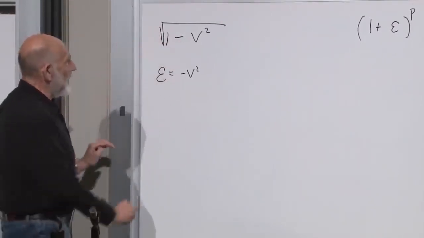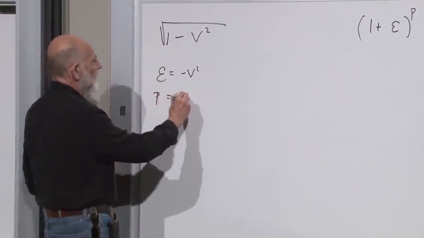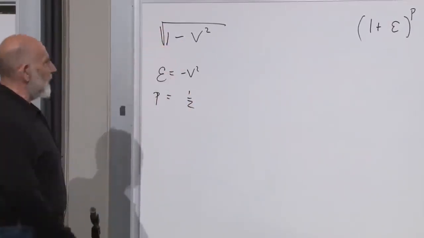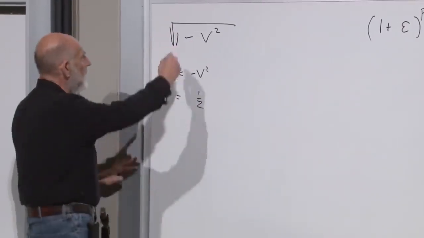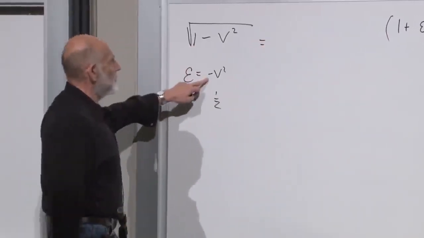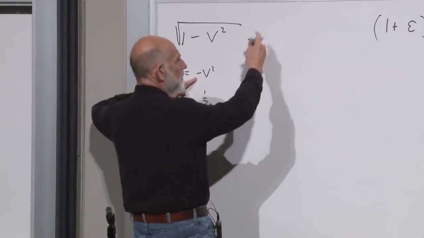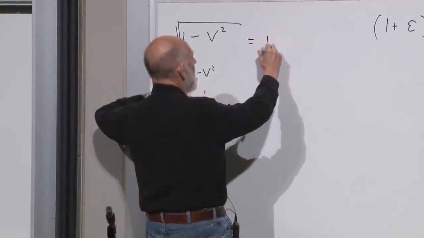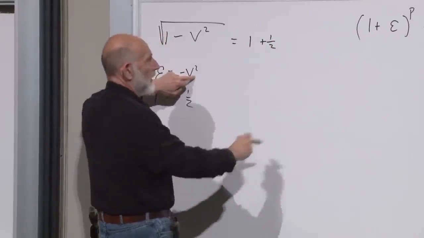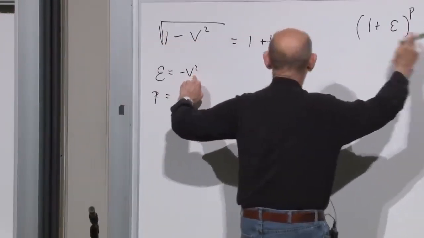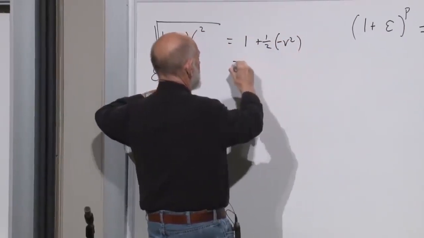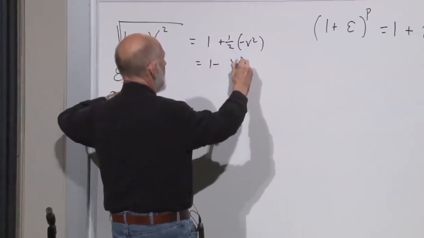And the power p, in this case, is equal to 1/2. Square root of a quantity is that quantity to the 1/2 power. And so this becomes 1 plus p epsilon, which is 1 plus 1/2, that's the p, and then epsilon is minus v squared, which is the same as 1 minus v squared over 2.